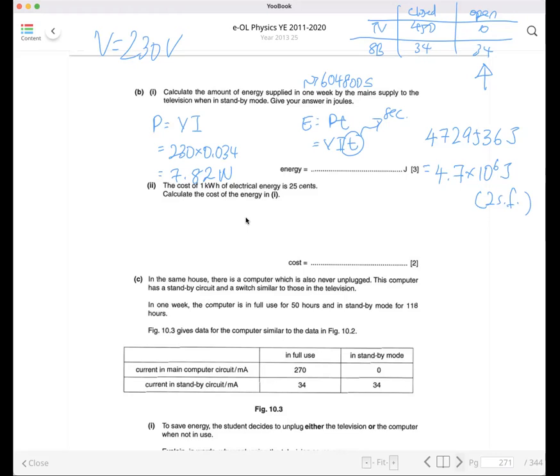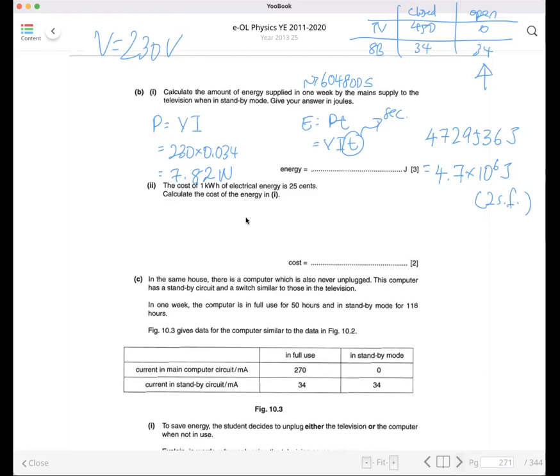Okay, Yiting, well done. Beiguan, what's your answer? Okay, well done.